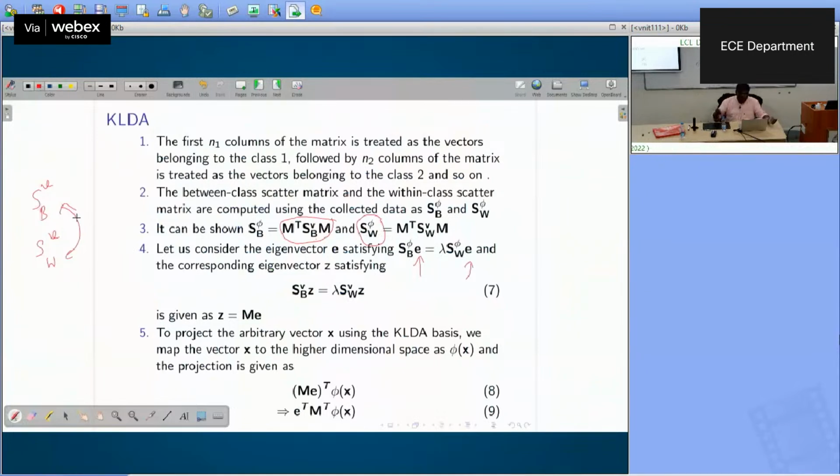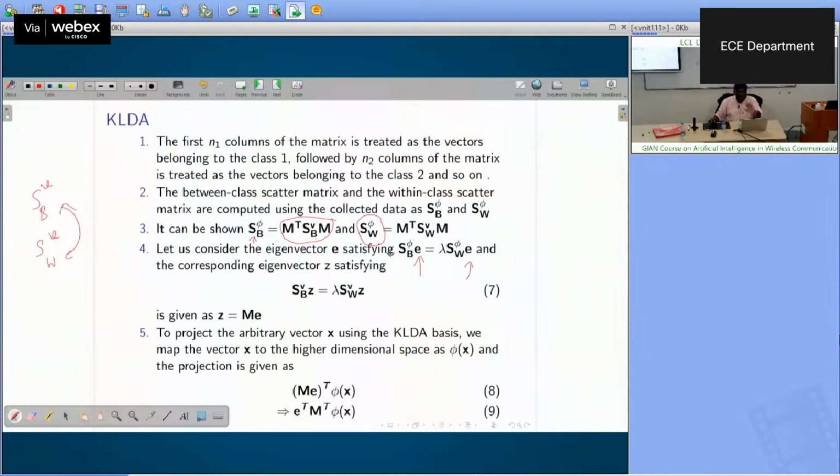Happy that you are clearly reflecting what I am telling. So what are SB phi and SW phi? They are the between class scatter matrix and within class scatter matrix computed using the column vectors of the inner product matrix. So they are interrelated. This SB phi and SBV are actually interrelated. In fact, finding out SB phi and SW phi is easy. That is what we do.